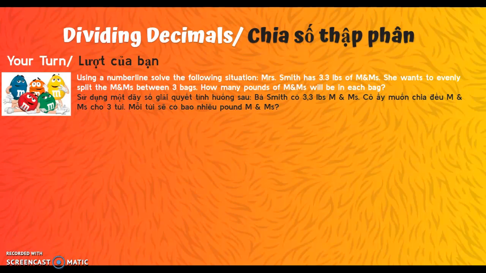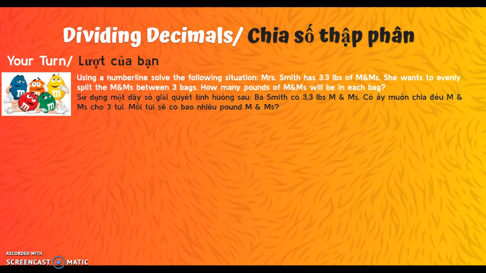Okay. So let's do this. I want you to set your number line up, and I want you to start at 0, and I want you to go all the way to 4, but we're going to stop at 3 3/10.